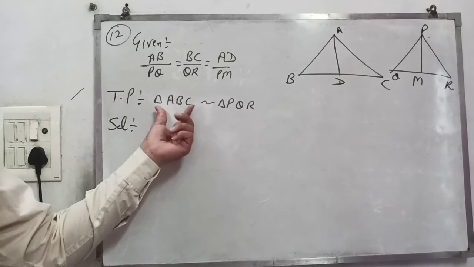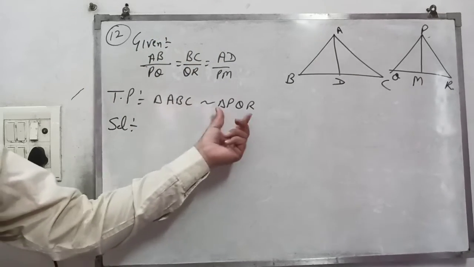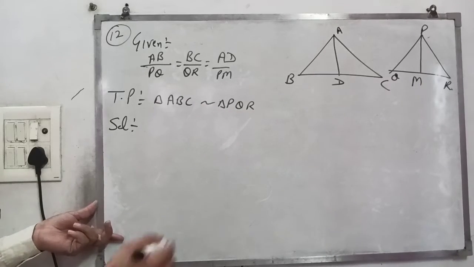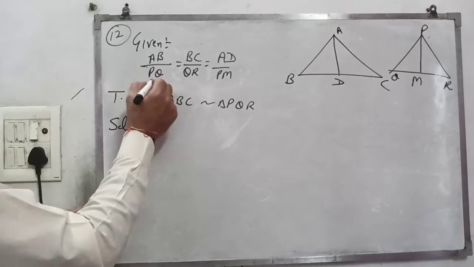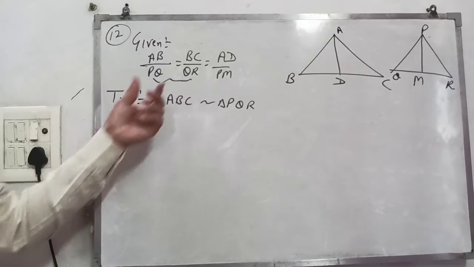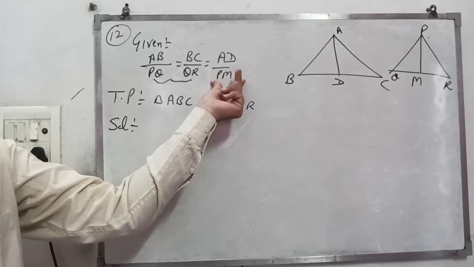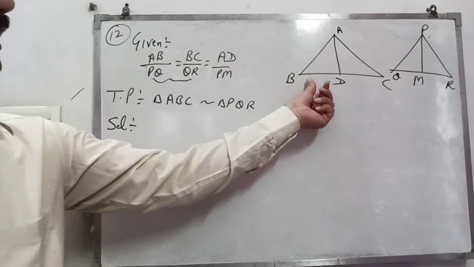We want to prove triangle ABC is similar to triangle PQR. So here the two ratios are given, but the third one is not given, otherwise the proof would be there. But can we use any angle?